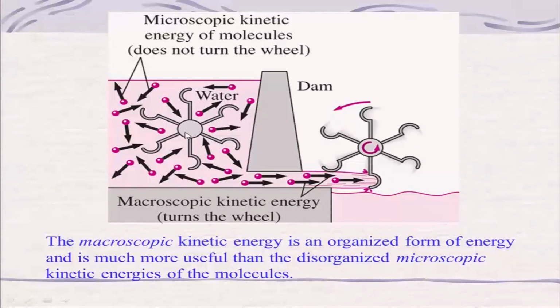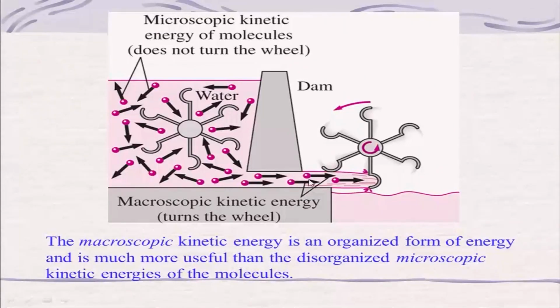So if you look, there is a wheel, and this is a dam. A dam is basically water being stored, and putting up a dam height, and the water is then allowed to flow through this onto what is known as a Pelton wheel.